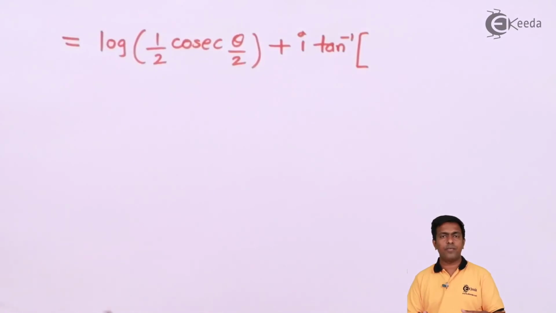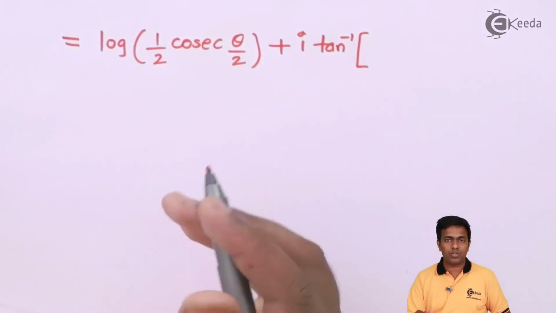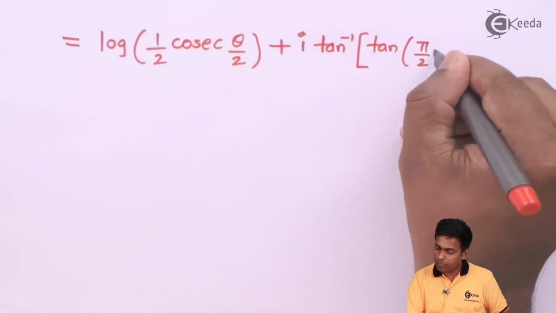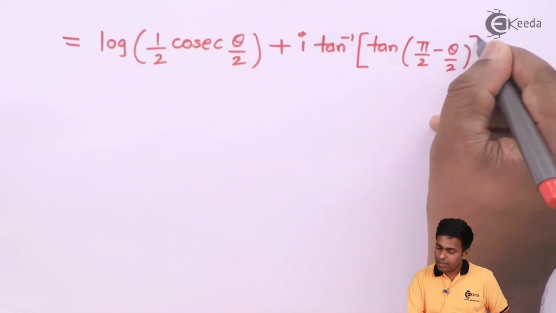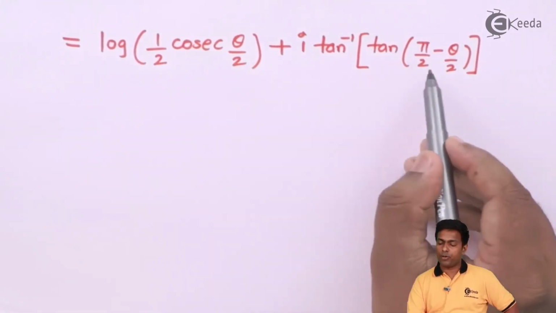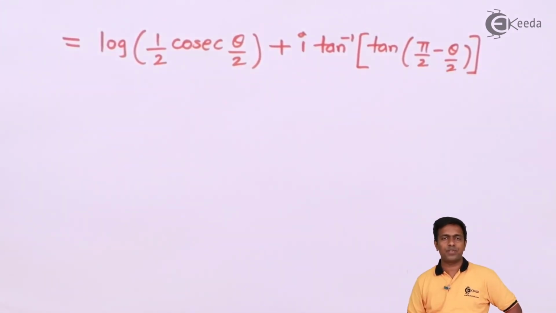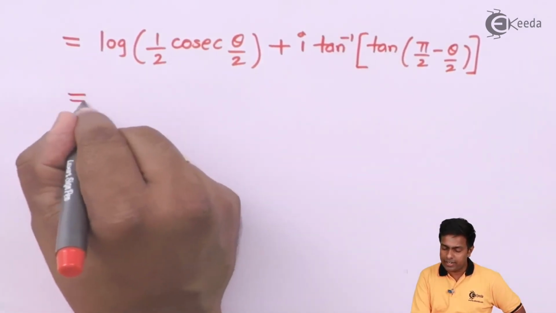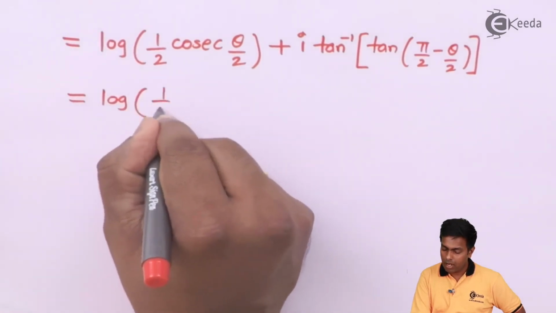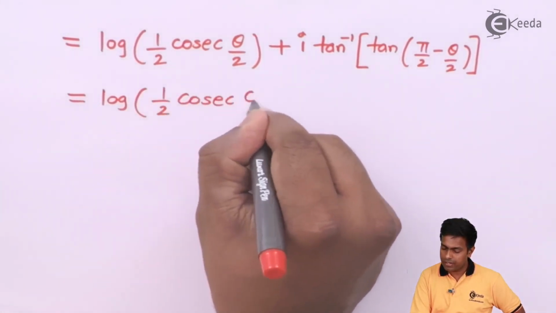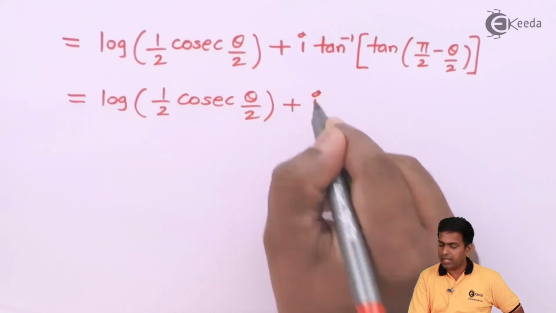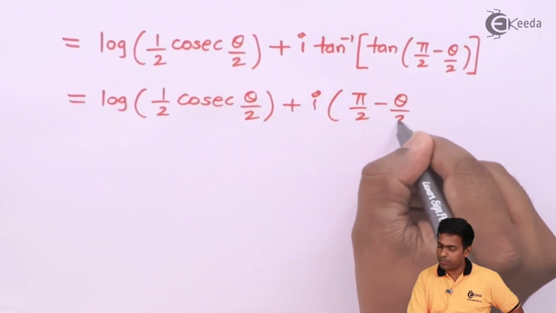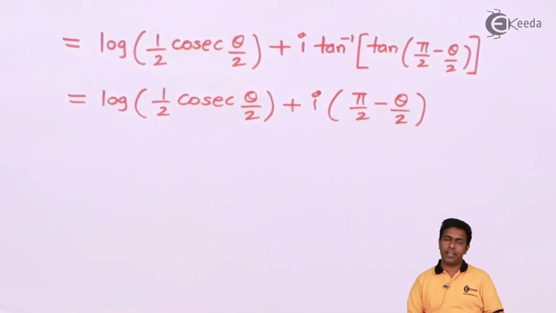We know the formula of cot in terms of tan, which is tan of pi by 2 minus theta by 2 is cot theta by 2. So I have replaced that formula. Now tan inverse and tan will cancel. So we'll get log of half cosec of theta by 2 plus I into pi by 2 minus theta by 2. And guys, here we got the final answer.